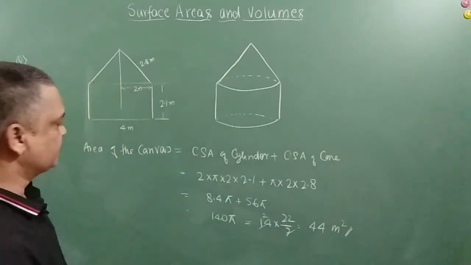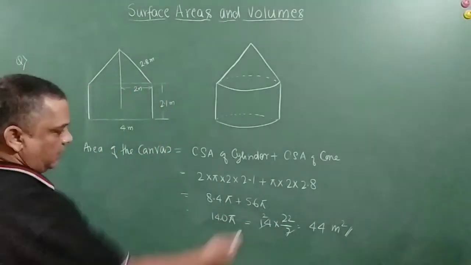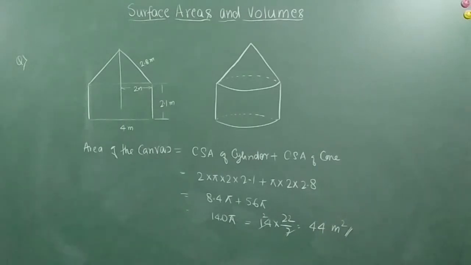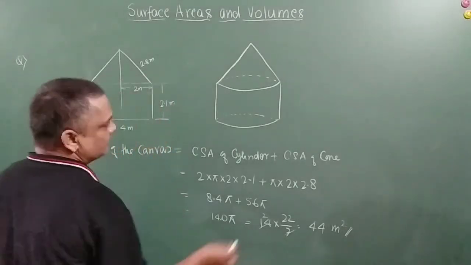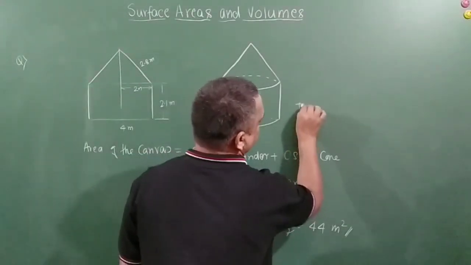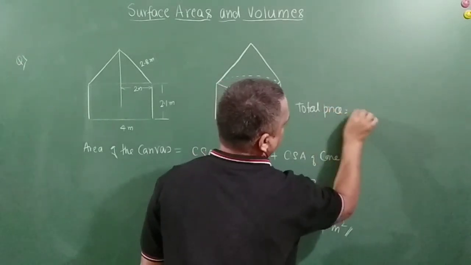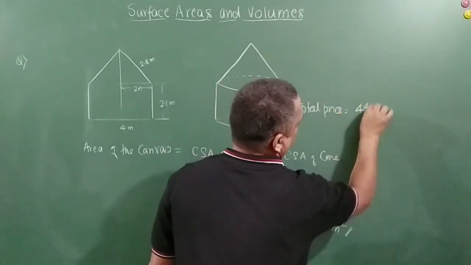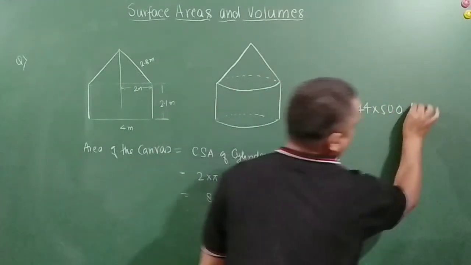Right friends, so this will be the area of the tent used, correct. Now we need to find the price at a rate of 500 rupees per meter square. So the total price will be 44 into 500, right, rupees.